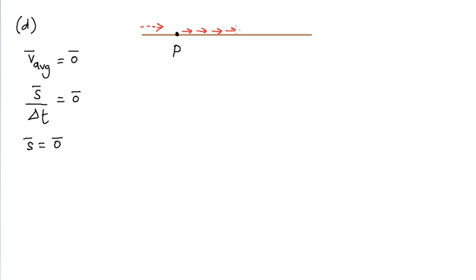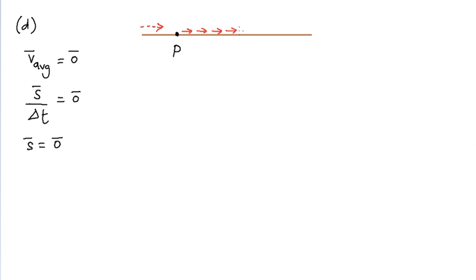Remember, after a time delta t, we have to find the particle back at point P. Clearly the particle has to reverse its velocity at some point of time, and that's because without reversing its velocity there's no way that it can reach P again, because it's moving on a straight line.